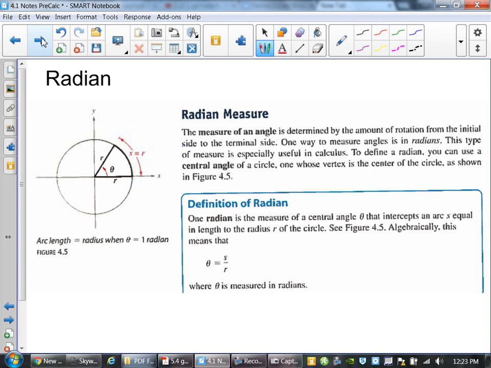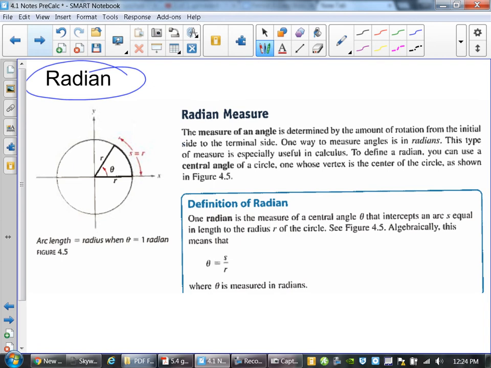Does anyone ever watch Rad? You haven't watched Rad yet? We'll watch it tomorrow. So what we have here is what's called a radian. The radian is going to be the unit measure that we're going to use 90% of the time when dealing with trig in trig calc.